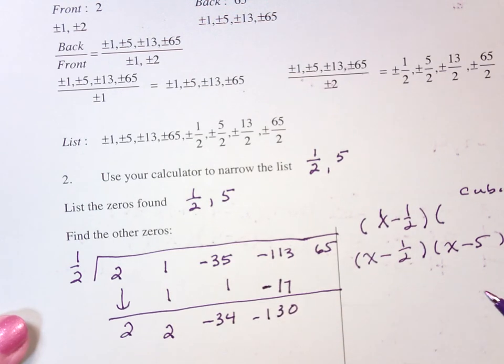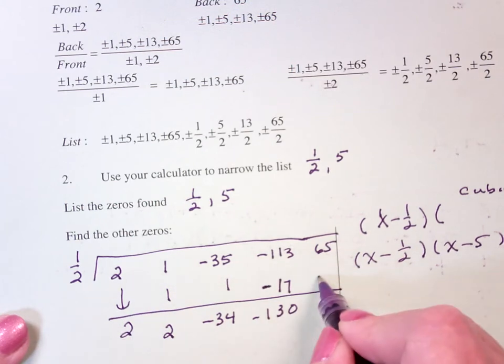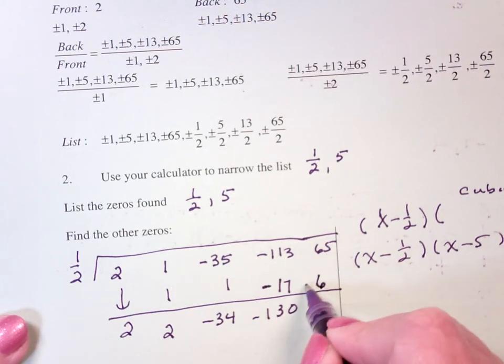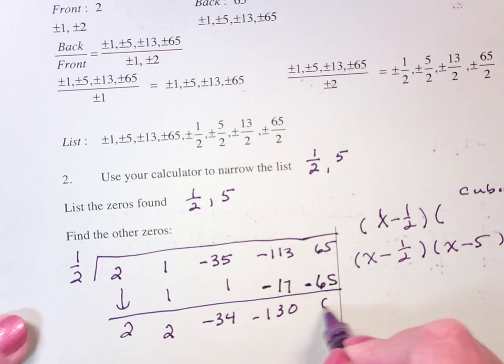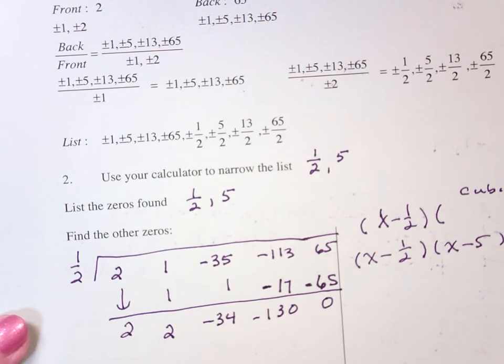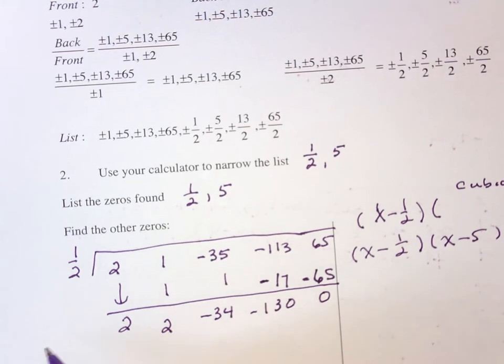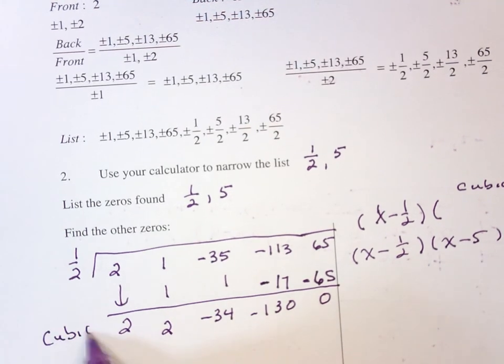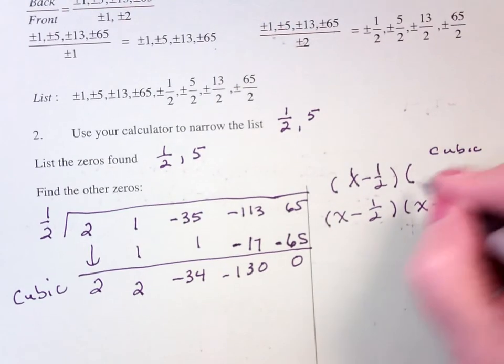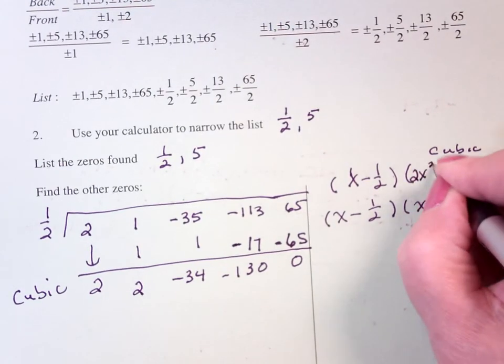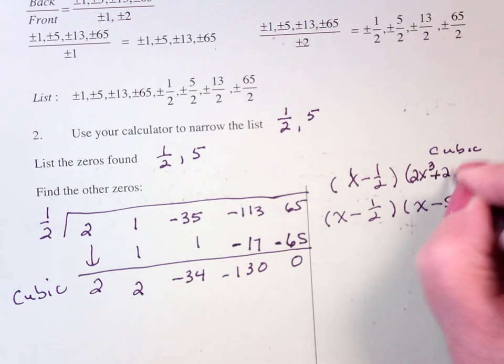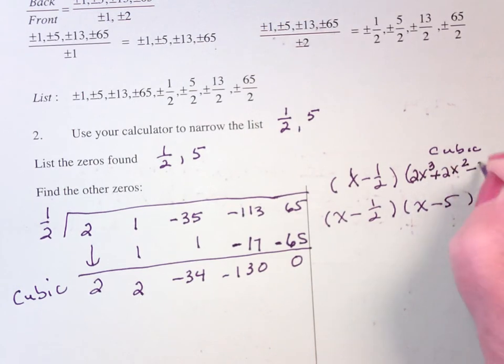Negative 130. 1/2 times negative 130 is negative 65, and add. That gives me a remainder of 0. So there's my cubic right here. It is 2x cubed plus 2x squared minus 34x minus 130.